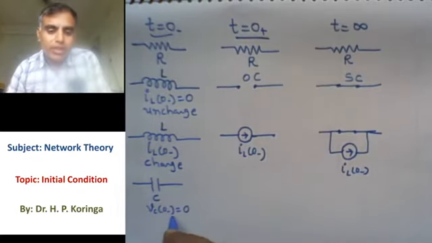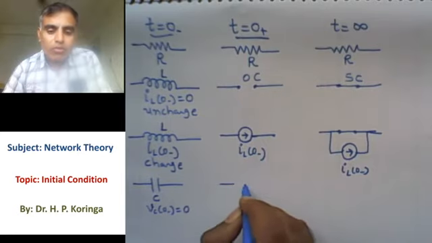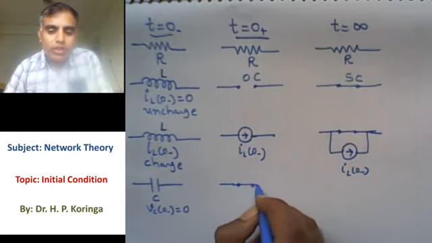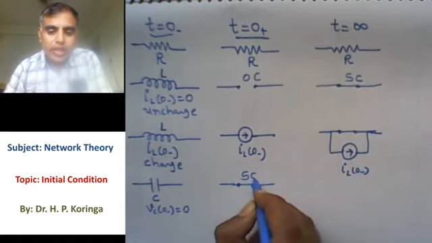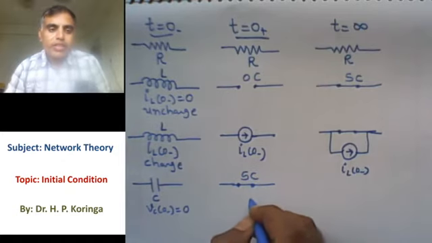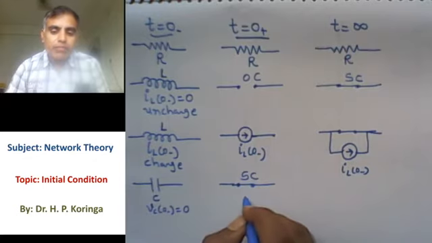So whatever the voltage at t equal to 0 minus time, it will work as the same voltage source at t equal to 0 plus time. So how to represent 0 voltage? It is a short circuit. So any uncharged capacitor at t equal to 0 plus time, its equivalent circuit works as a short circuit.